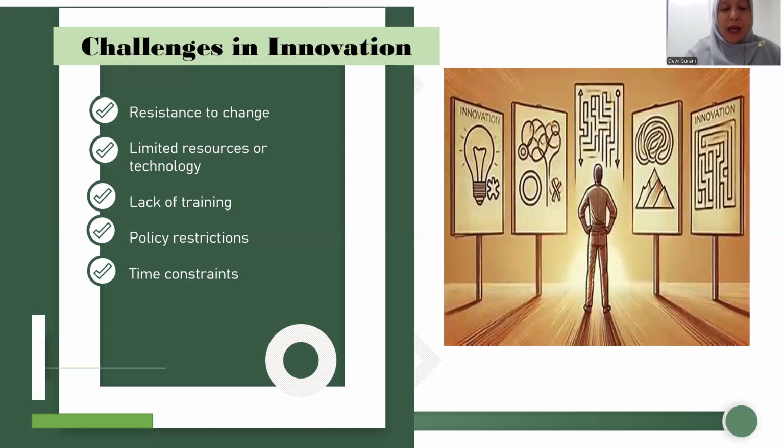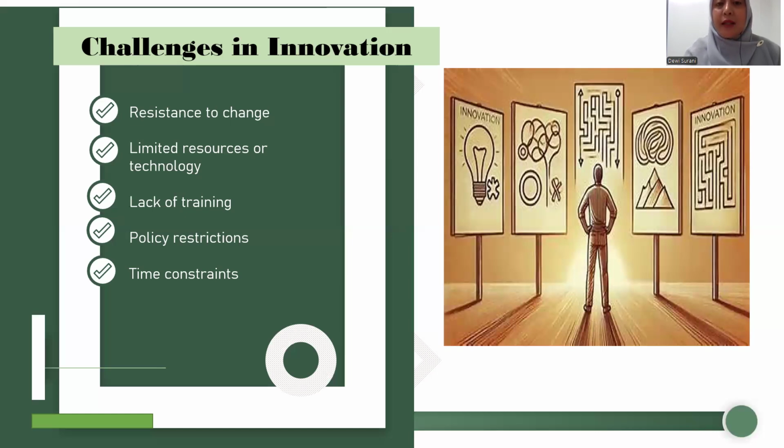Okay, now let me ask you something to think about this more deeply. Which of these challenges do you think is the most common in your previous school or in our campus right now? Limited resources or technology? Okay, thank you. What else?